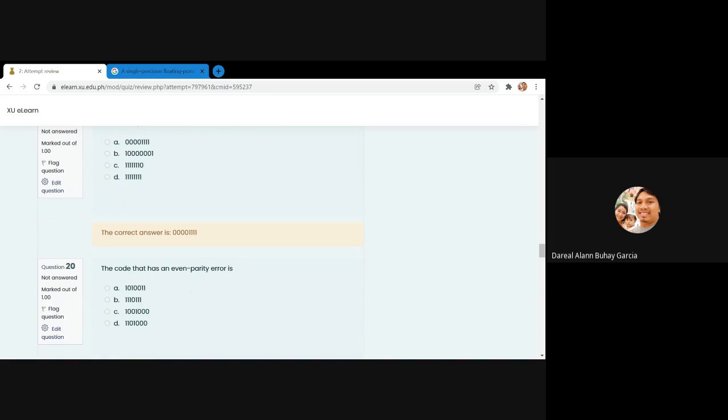Parity is a method of detecting errors: either an even number or odd number of ones. So even parity means an even number of ones. Counting the ones: 1, 2, 3, 4; 1, 2, 3, 4, 5, 6; 1, 2; 1, 2, 3. D?